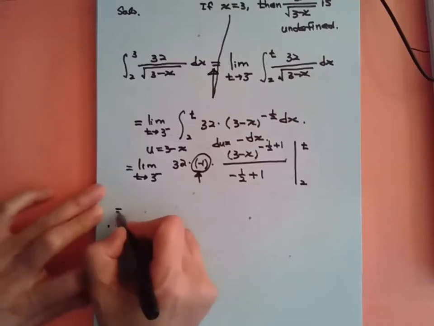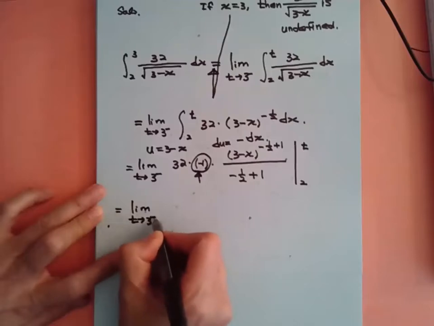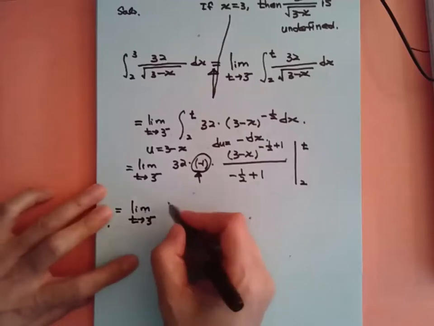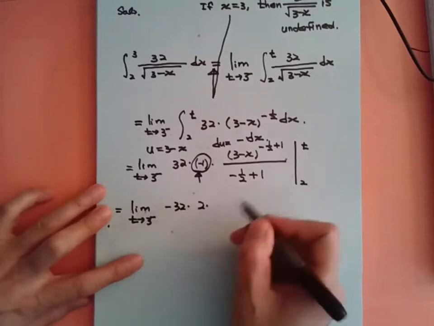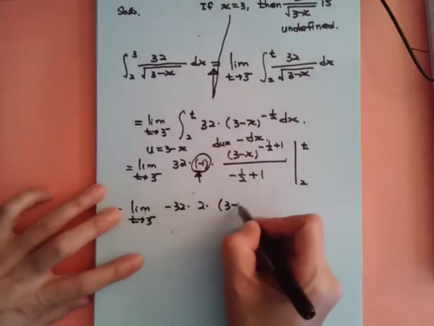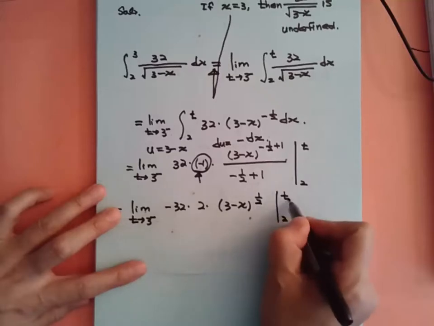So that is limit t goes to 3 from the left, and minus 32 times 2 times 3 minus x to the 1 over 2, from 2 to t. So why is that?